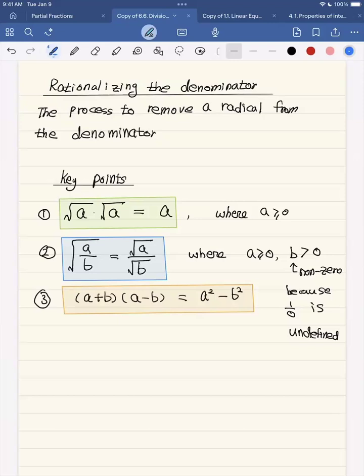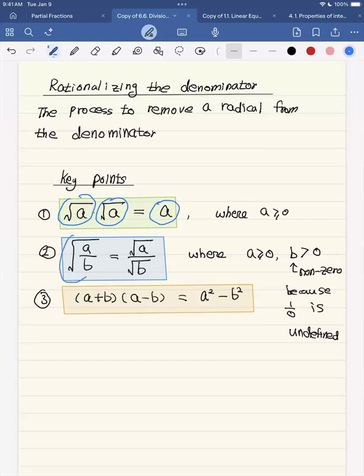Next one is about rationalizing the denominator. Rationalizing the denominator is the process to remove a radical from the denominator. Important points you have to remember when you do rationalization: when you multiply the same square root twice, that gives what is under the radical sign.